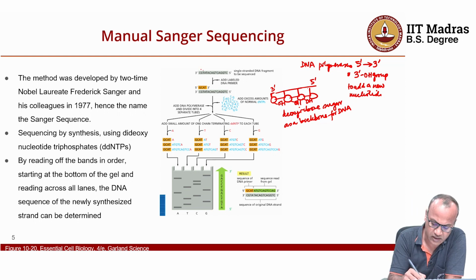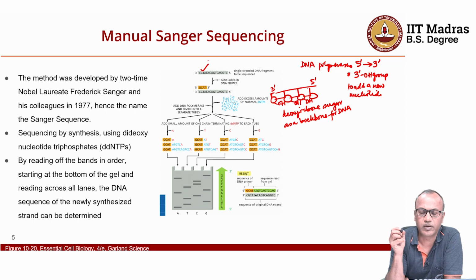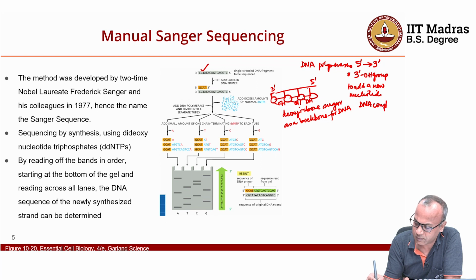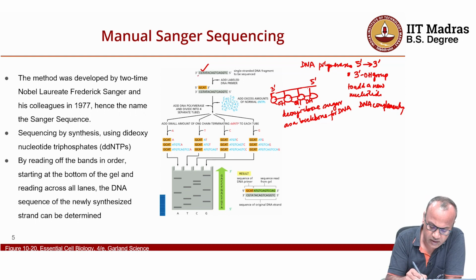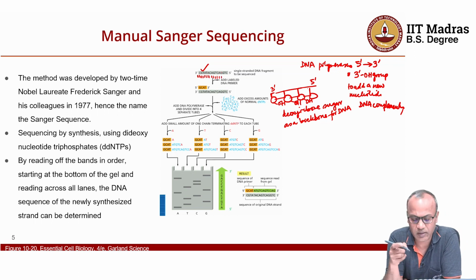So, if this is the DNA sequence I want to read, and as I said, DNA is complementary, right. Which means that if I can read the opposite strand of this DNA, I'll be able to determine this exact sequence.